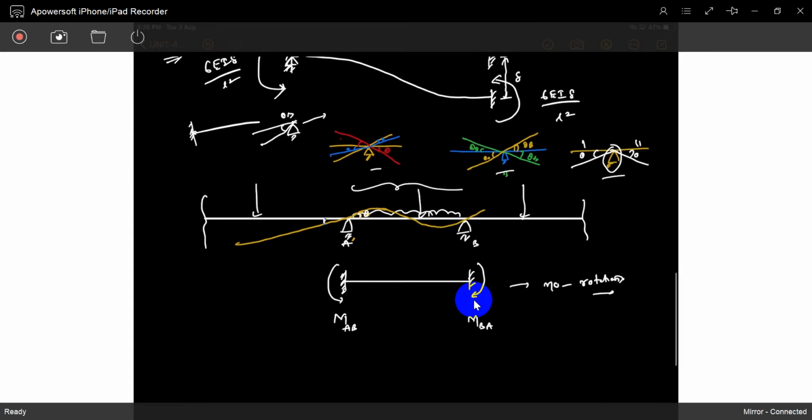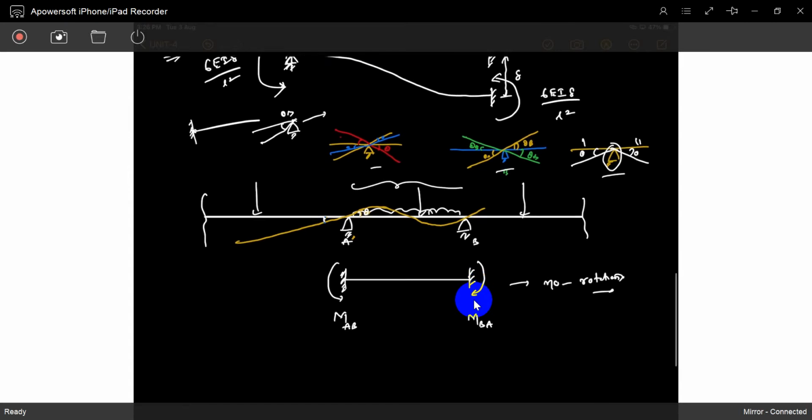Now I will take a sign convention: negative when it is anti-clockwise, positive when it is clockwise. If you see, both ends experience the same moment if a load is there exactly; it is PL by 8, and it is also PL by 8, as you already know.